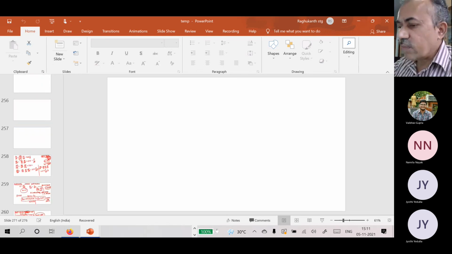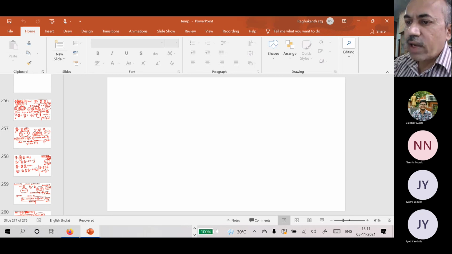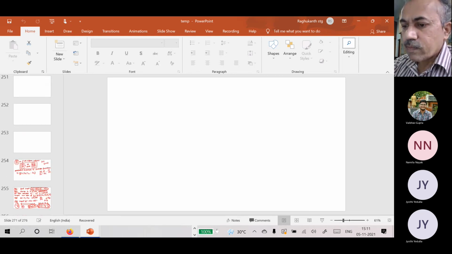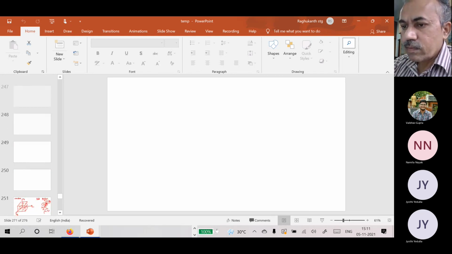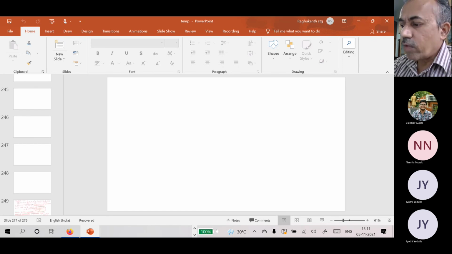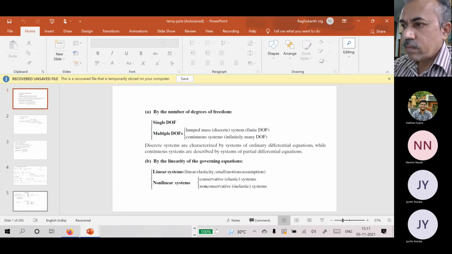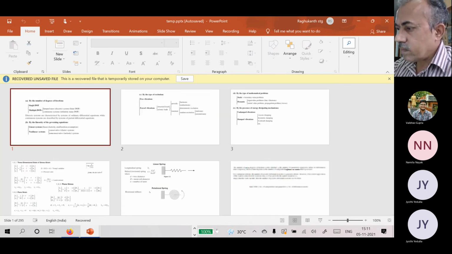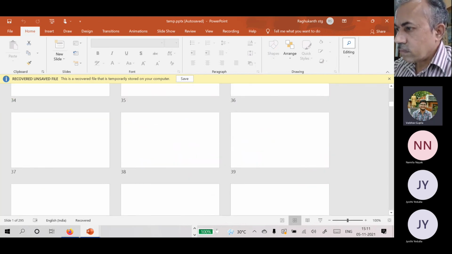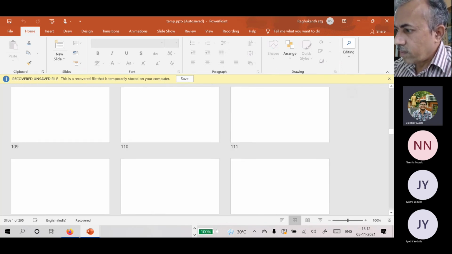Now, finally, after system reliability, then we started looking at different techniques, meaning the response surface approach.